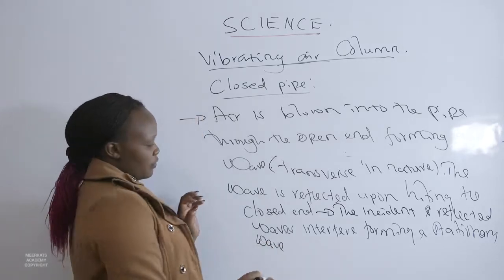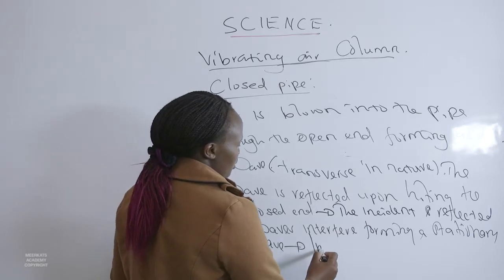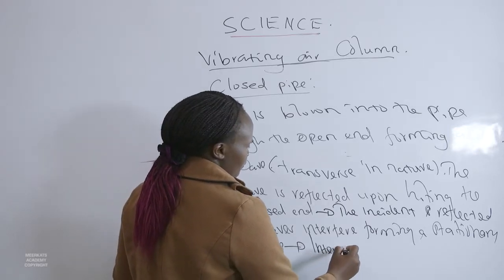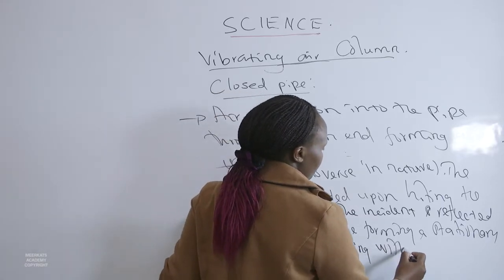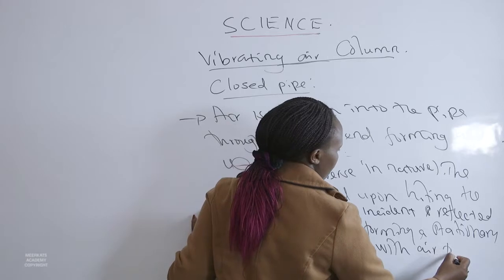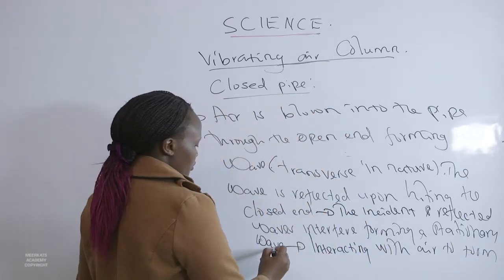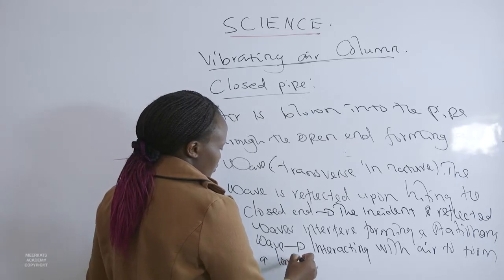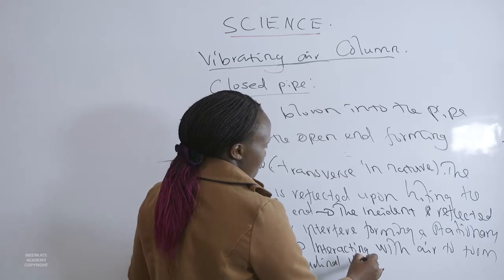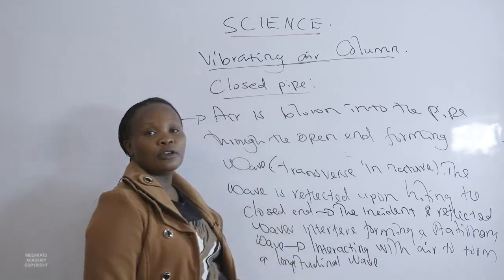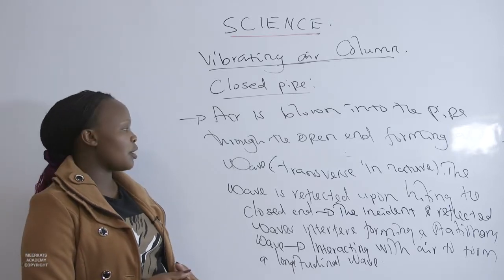Forming a stationary wave. This wave is going to interact with air to form a longitudinal wave, and this longitudinal wave is actually what we are going to detect as sound.